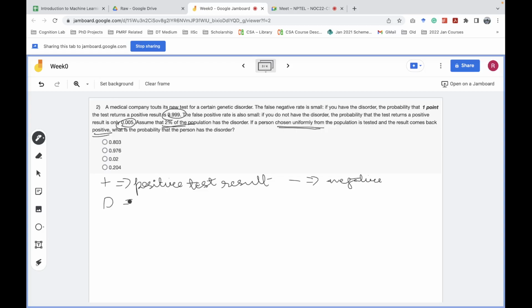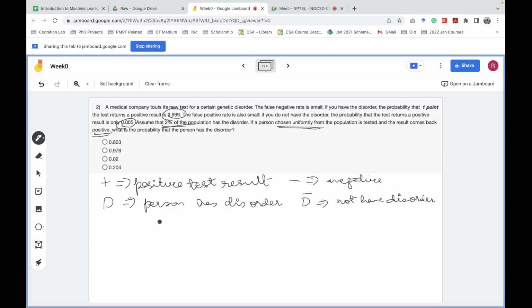Let's say D indicates that the person has the disorder. So this is the event that the person has the disorder. D bar is the person not having the disorder. This is the genetic disorder we have.